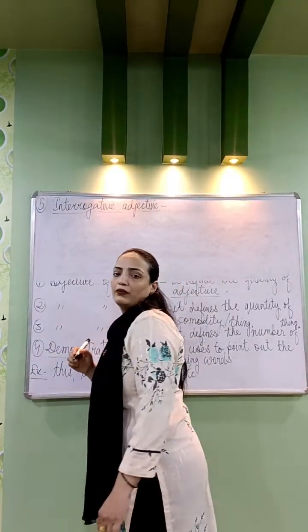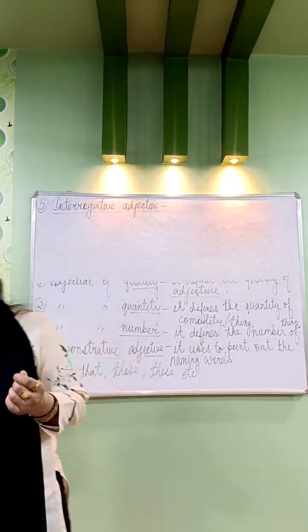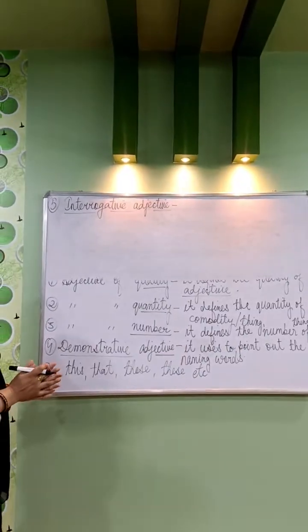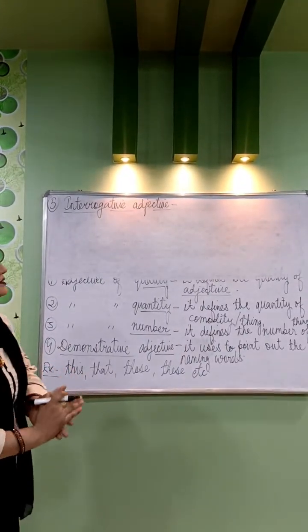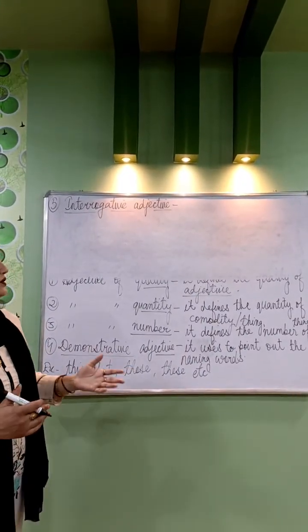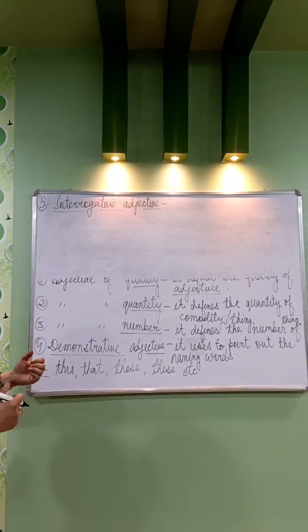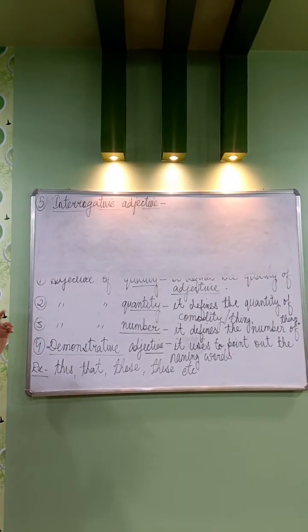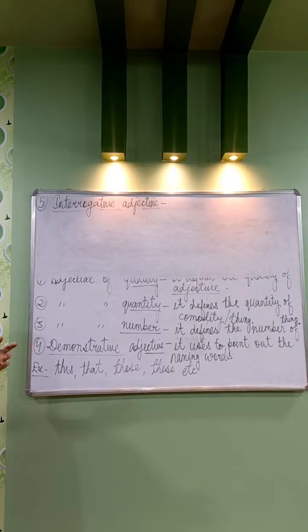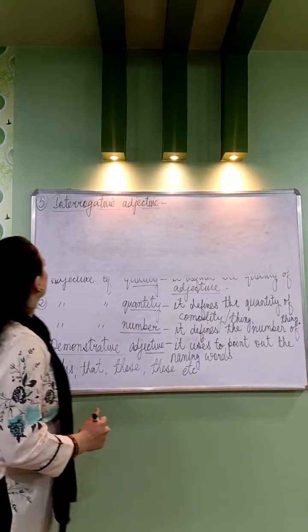Children, if you remember, I already explained about the interrogative. Interrogative means that statements which ask a question, or we can say which sentence which starts with WH, or in some cases we ask question with how as well. Okay, so it is an adjective which asks a question.